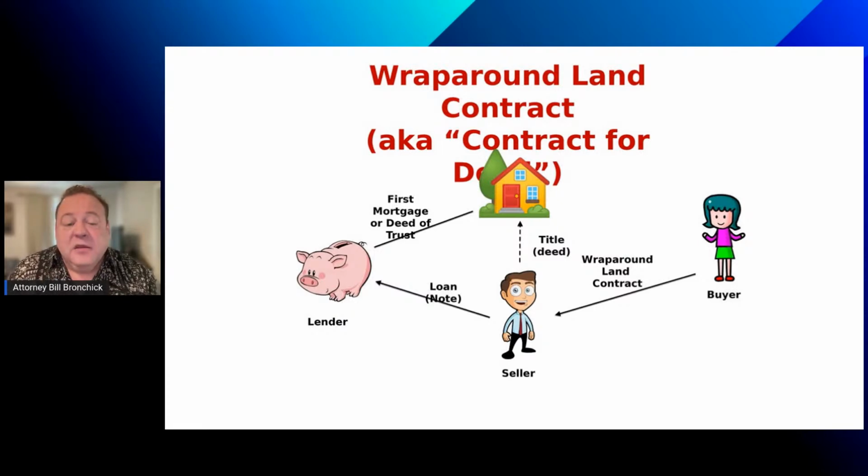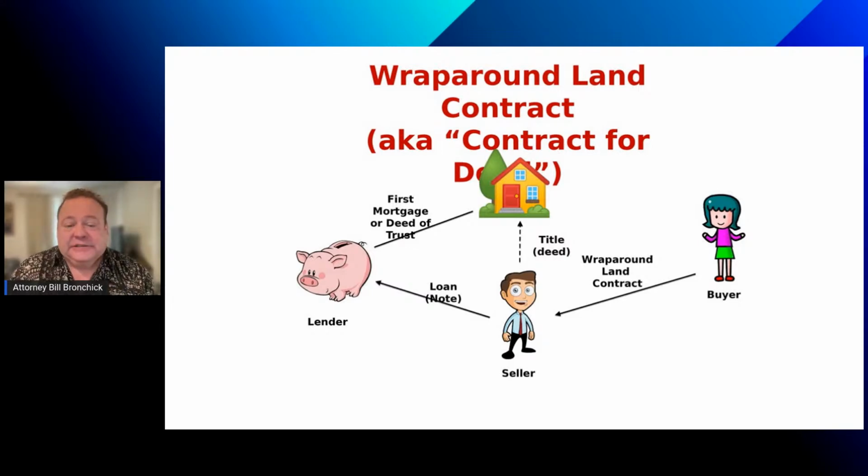Okay. But for all intents and purposes, and even for tax purposes, even though the title at the county shows the seller, the IRS says the buyer is the owner and can deduct mortgage interest and so forth. So for all intents and purposes, it's just like a regular mortgage. Okay, the buyer owns the property.